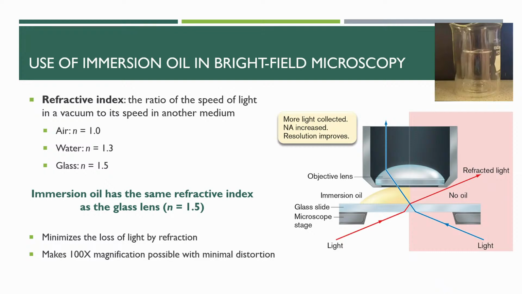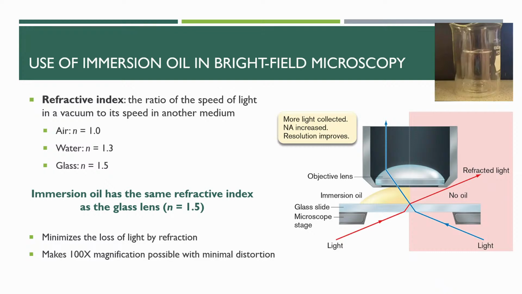So by putting oil onto a slide, you end up compensating for that refraction and the light bending, and so it allows you to see the image more clearly. So using immersion oil will minimize the loss of light by refraction, and it makes the 100x magnification possible with minimal distortion.